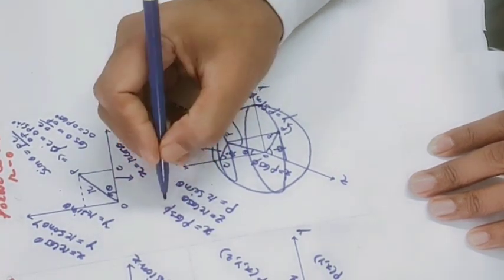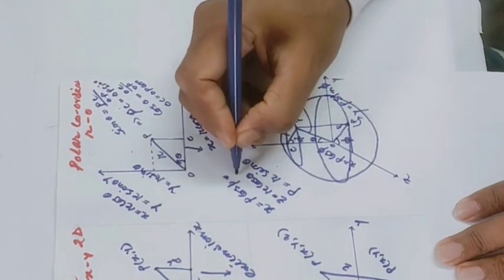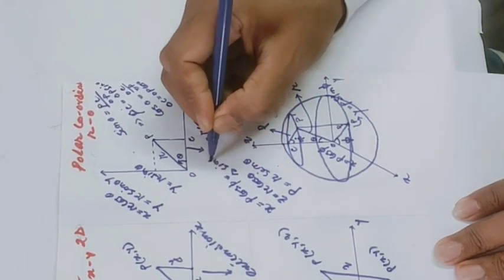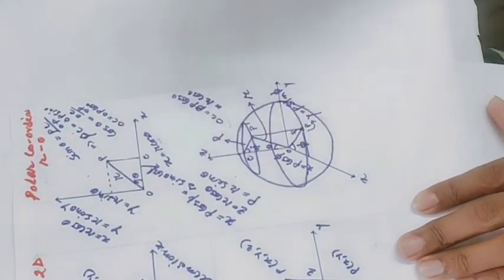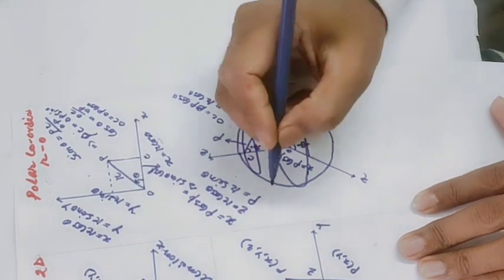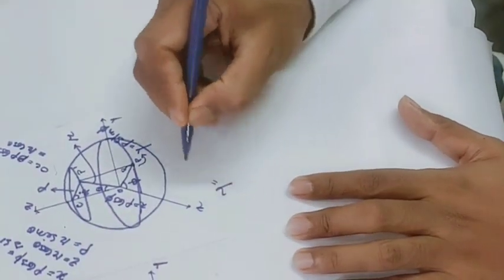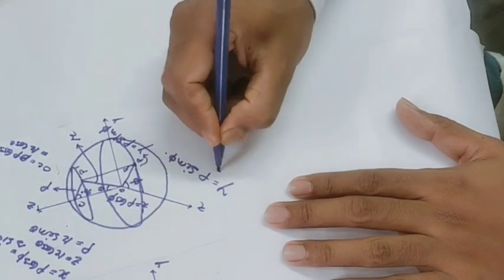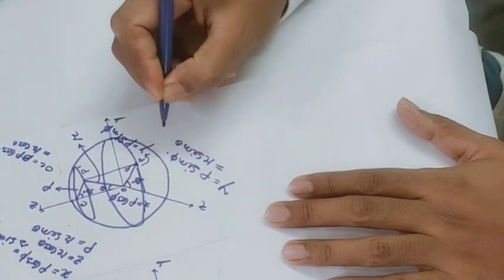Again rho is R sin theta, so x is equal to R sin theta cos phi. And y is equal to rho sin phi, and rho is again R sin theta, so y is equal to R sin theta sin phi.